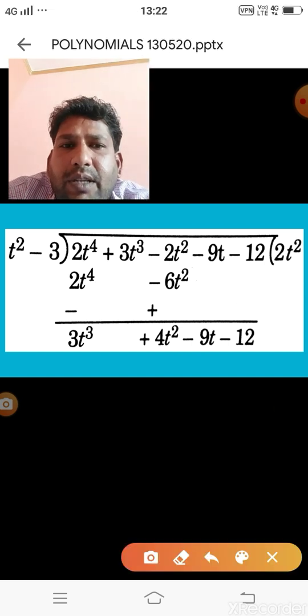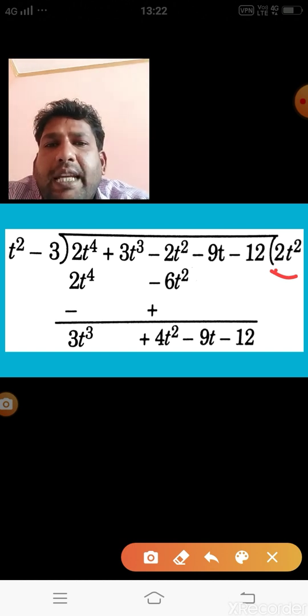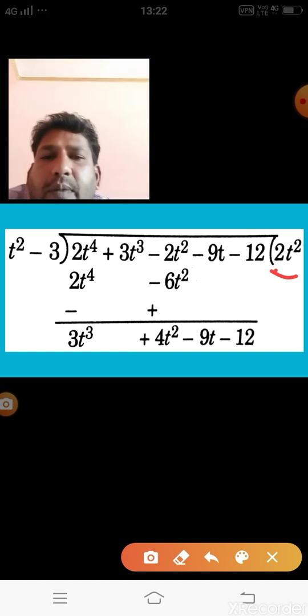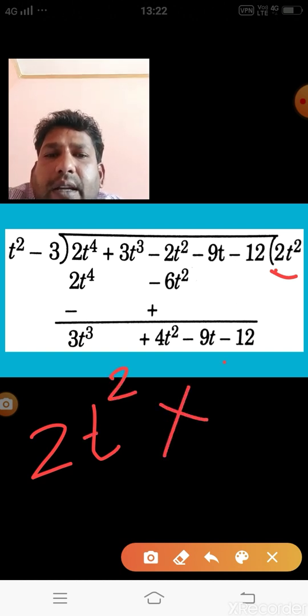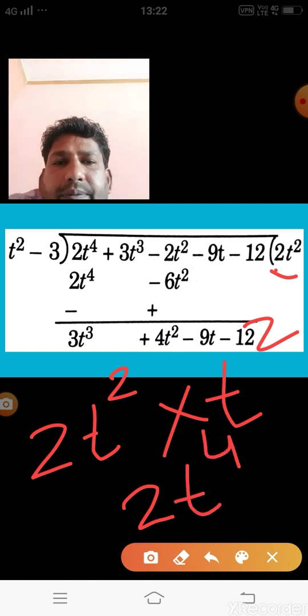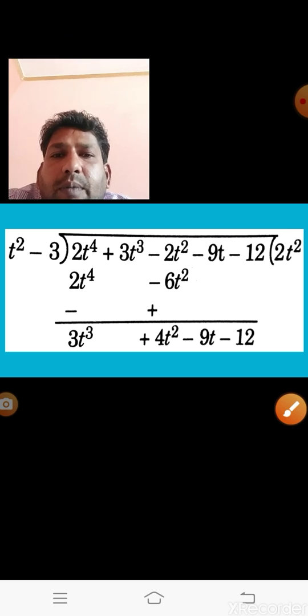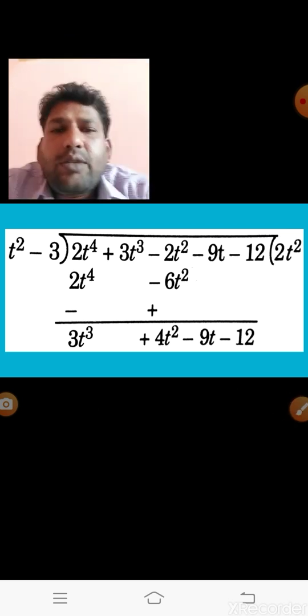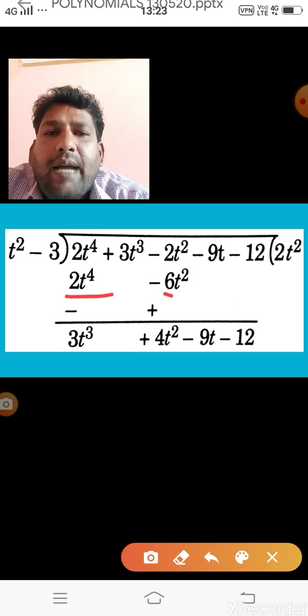Here we have the first step: the first quotient we are getting is 2t square, because we need 2t raised to power 4, and multiplying 2t square with t square gives 2t raised to power 4. Then on multiplying the divisor by this quotient, we get 2t raised to power 4 and minus 6t square.